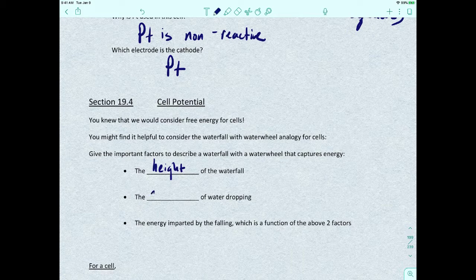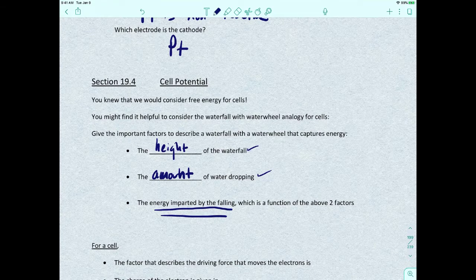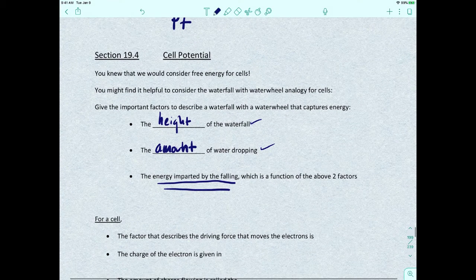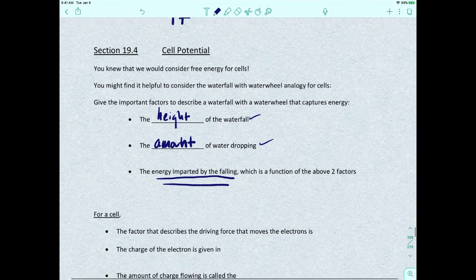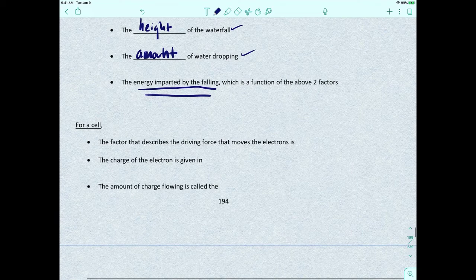Also, the amount of water that's falling will matter as well. The energy imparted by the falling is the third aspect, but this is a function of the height and the amount of water.